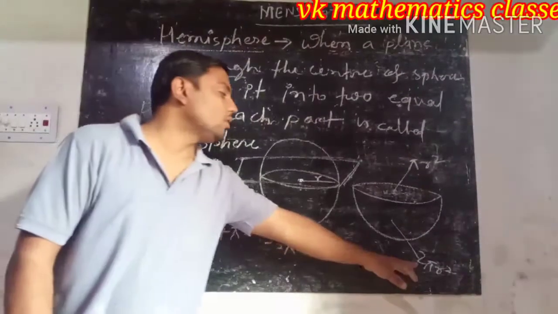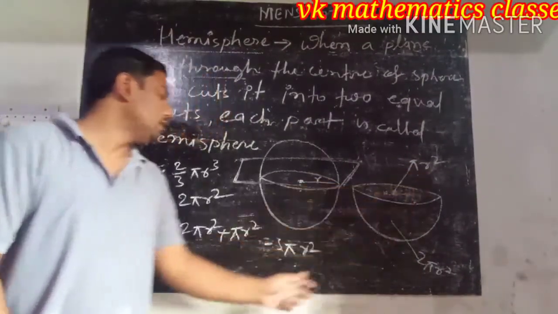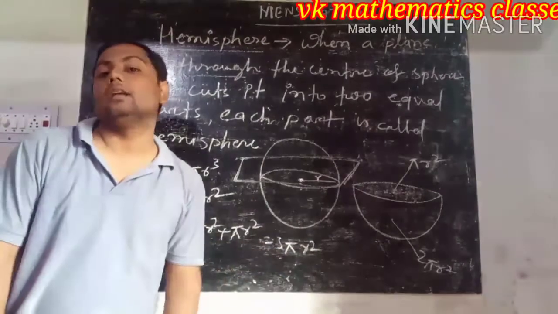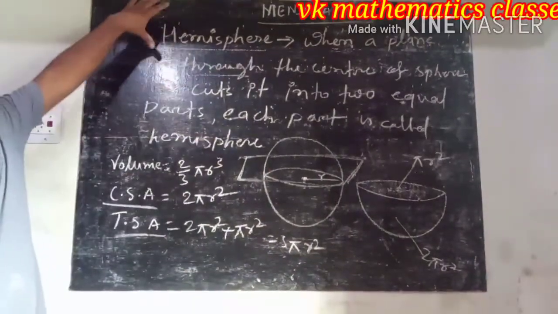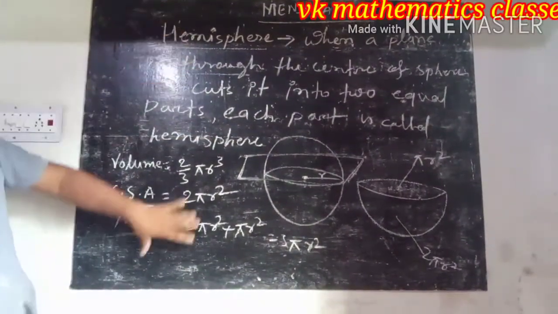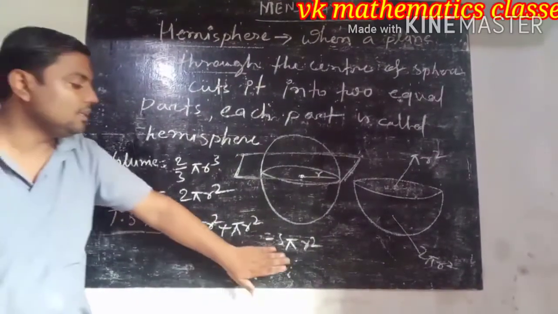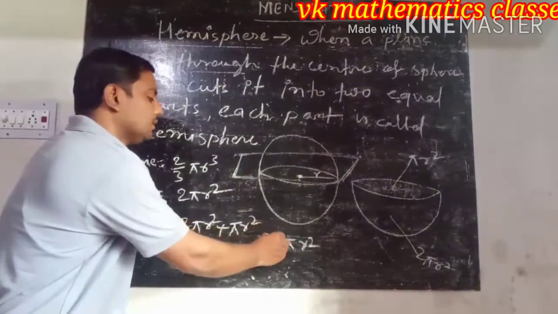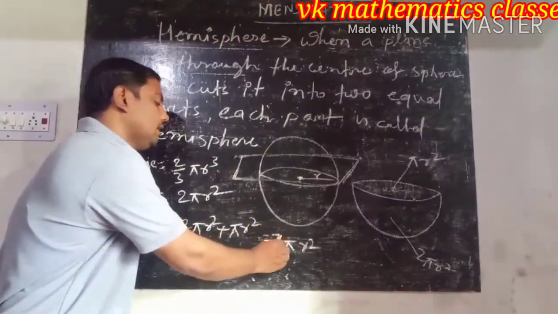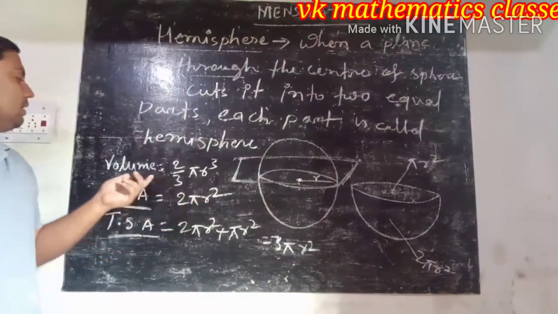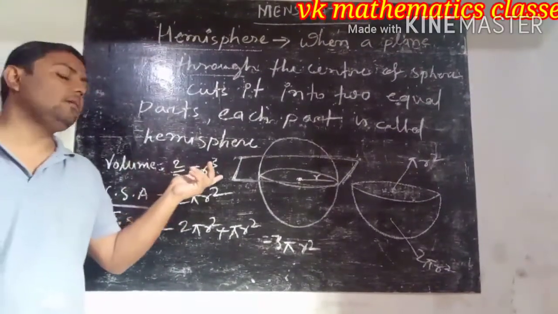So 2 pi r square plus pi r square is 3 pi r square. The hemisphere's TSA is 3 pi r square, the curved surface area is 2 pi r square, and the volume is 2/3 pi r cube.